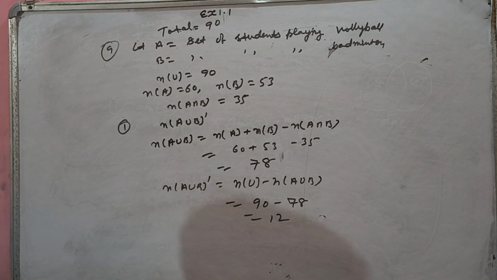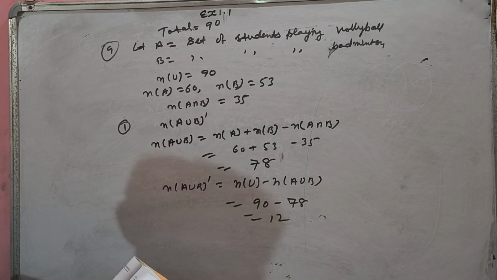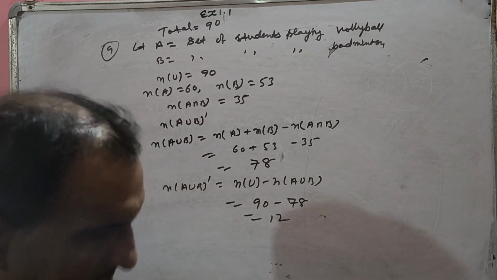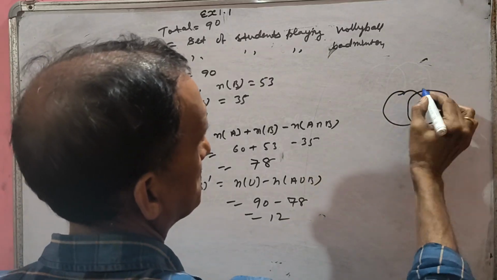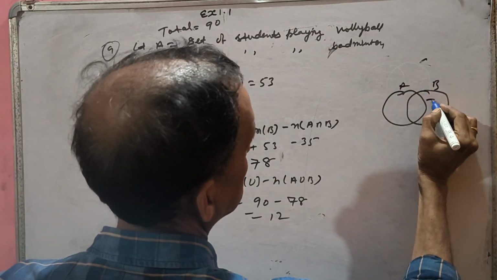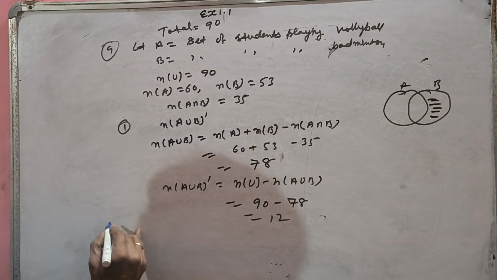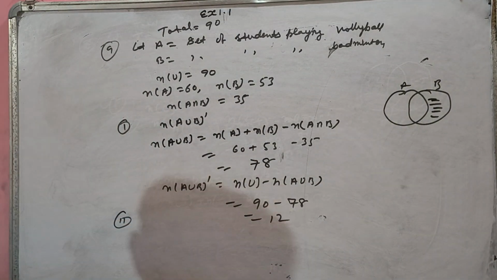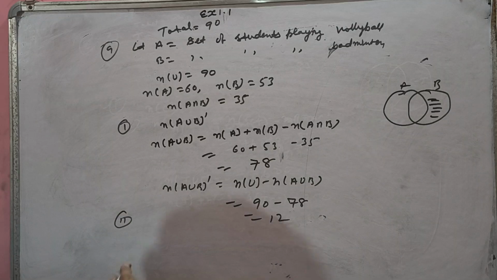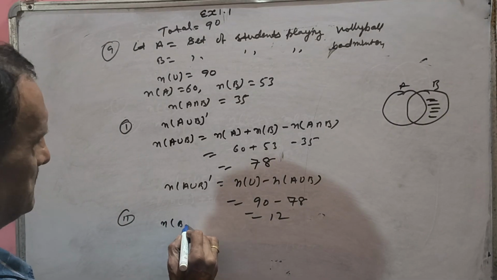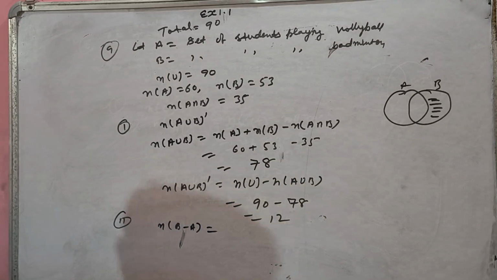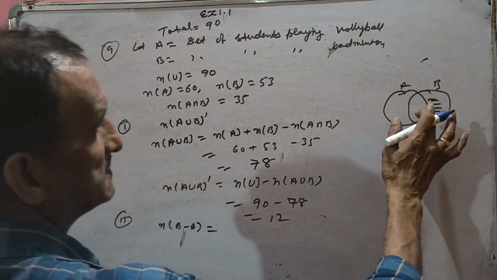In number 2, we have to find who play badminton only but not volleyball. This portion we have to find. So number 2, B minus A. It's simple only.